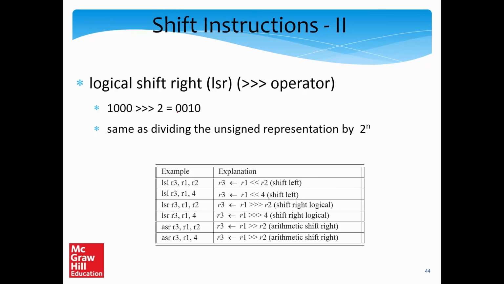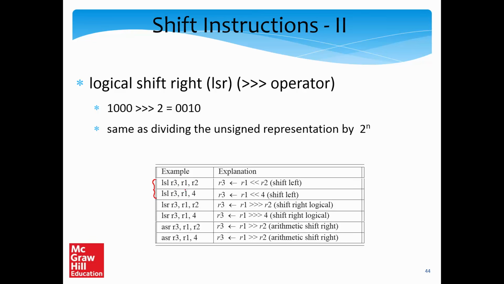So we have a couple of SimpleRisc instructions, 3 to be precise, and their format is exactly the same as the add, sub, multiply instructions. So for the logical shift left instruction, the destination comes first, which is a register.